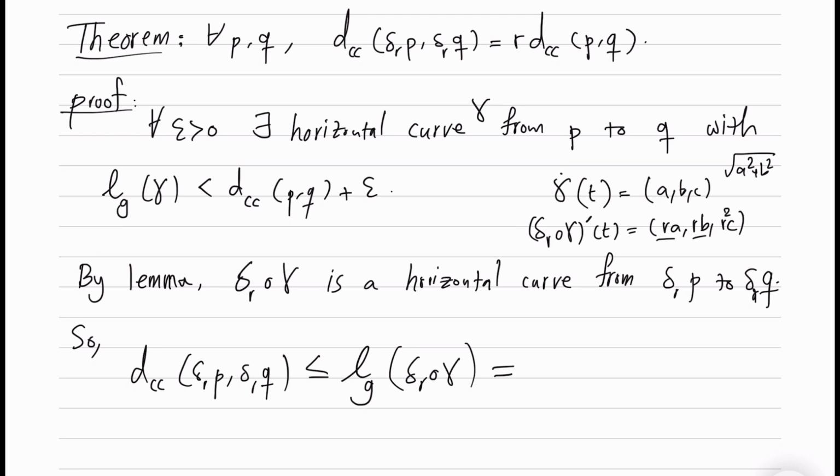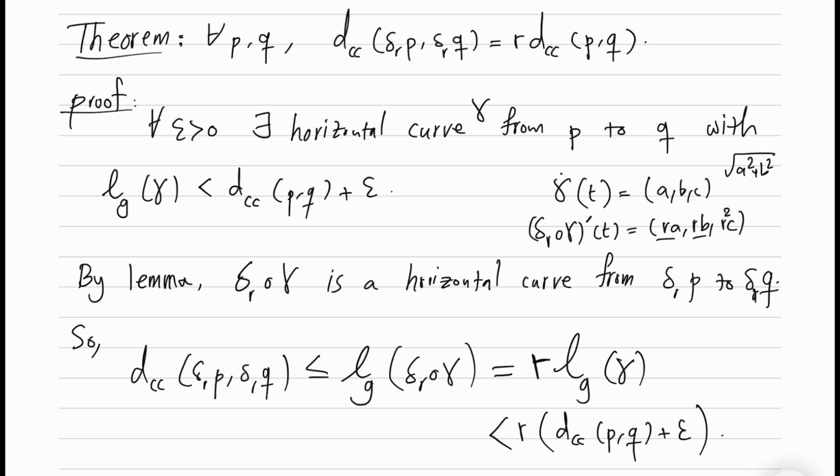Sorry, this is r squared, but it doesn't come into this calculation of L_G. So therefore, the integral we will write will be exactly r times the integral that we write for L_G of the original gamma. And now we had chosen this so that it's less than r times d_CC of PQ plus epsilon.